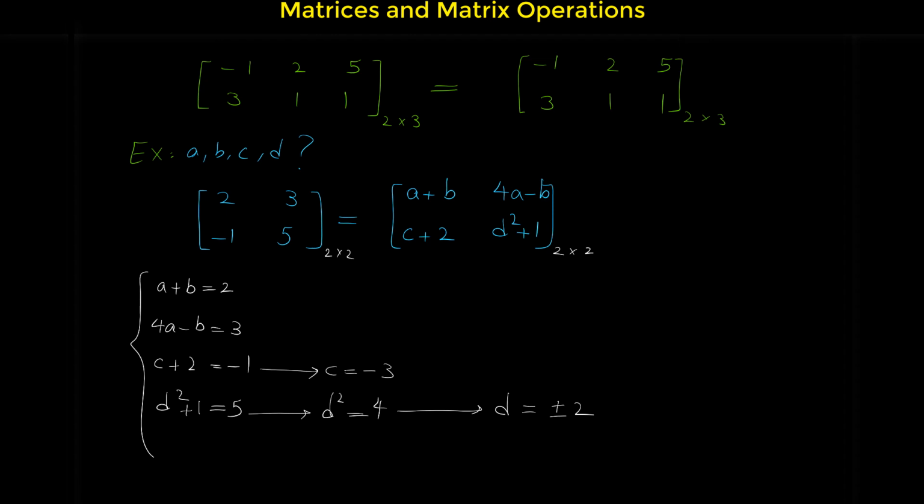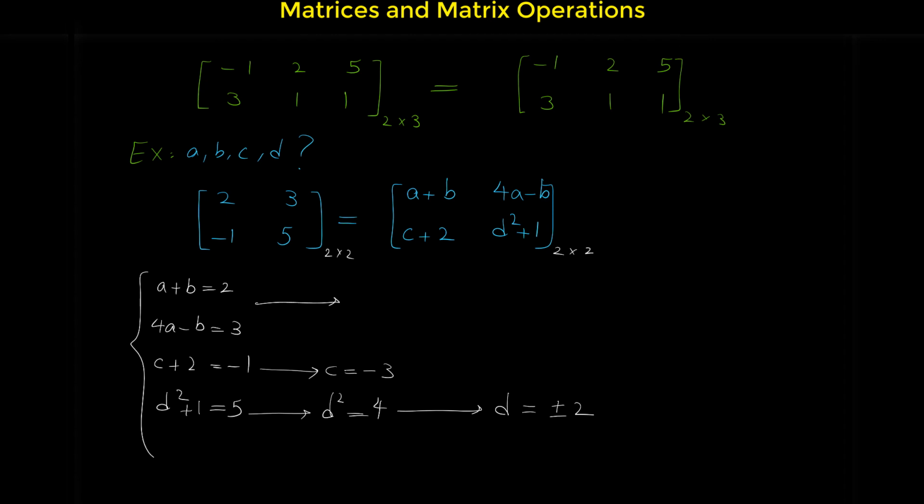But for now, to solve this system of equations and find A and B, we want to use the elimination method. If we add this equation to this equation, -b and b cancel each other. 4a plus a is 5a.